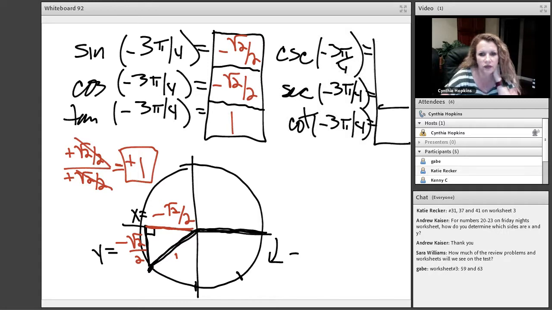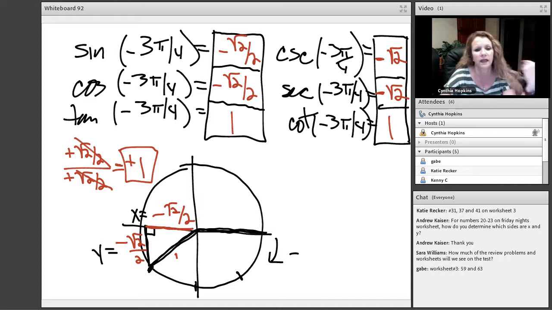So of course I'm looking for a ratio, but I don't even need to think about the definitions of these ratios because they are the reciprocals of the 3 that we just found. So every time you take a reciprocal of rad 2 over 2, you're going to get rad 2. And of course the negative comes across also because reciprocals don't change sign. So that one's negative rad 2. Secant is also negative rad 2, and the reciprocal of 1 is 1. Okay, so those are my 6 answers.